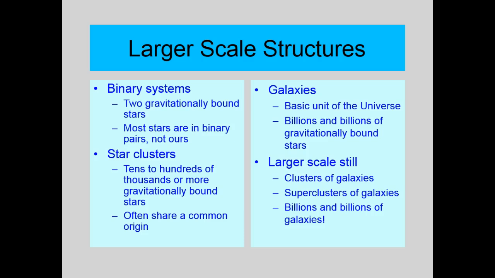It's somewhat rare. Most of the stars you look out there and see at night are at least binary stars. So first we'll start with binary systems. There are two gravitationally bound stars that rotate around each other. Okay? Most stars are in binary pairs. Ours is unusual in that it's not.